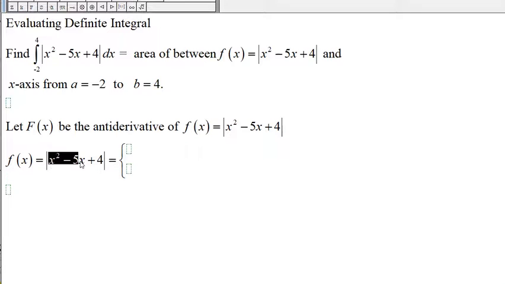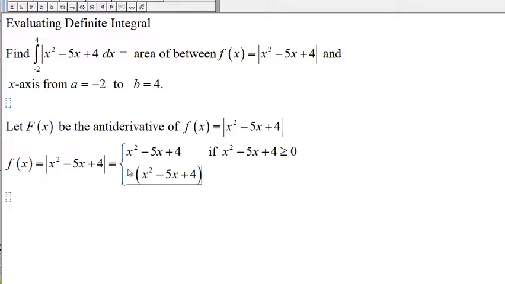This absolute value means this: it's equal to whatever's inside the absolute value if this is greater than or equal to 0, and then the opposite if this expression is less than 0. So that's the definition of absolute value.